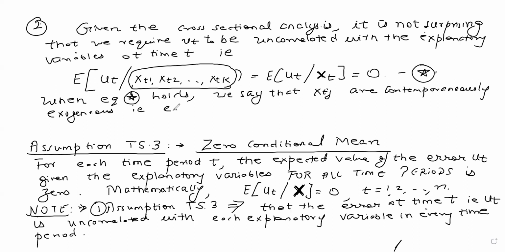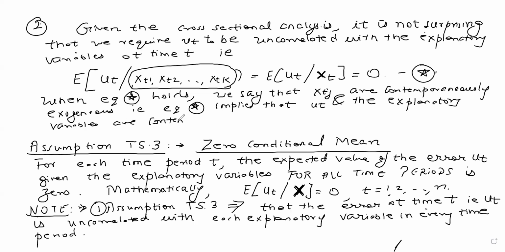That is, equation star implies that ut and the explanatory variables are contemporaneously, or instantaneously, at one particular point of time, not over a period of time, uncorrelated.